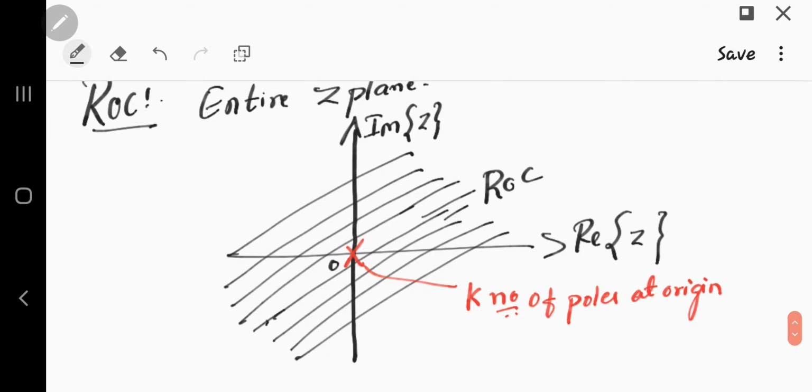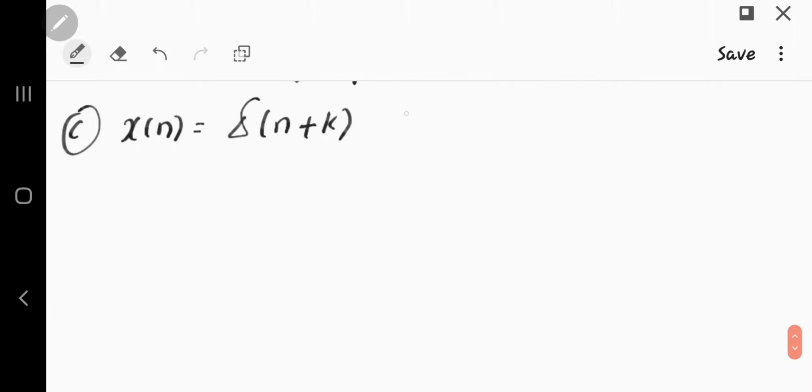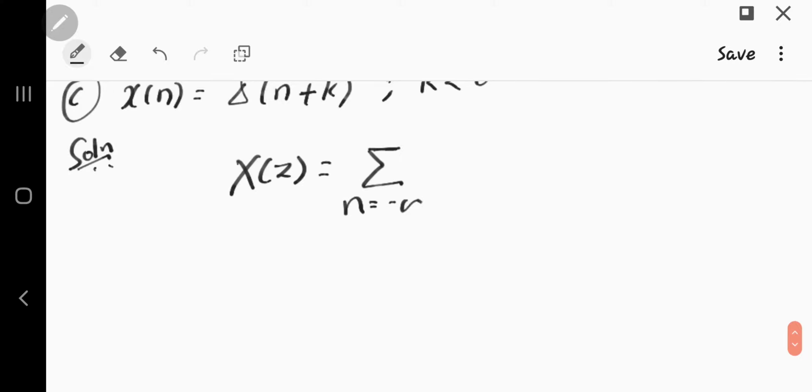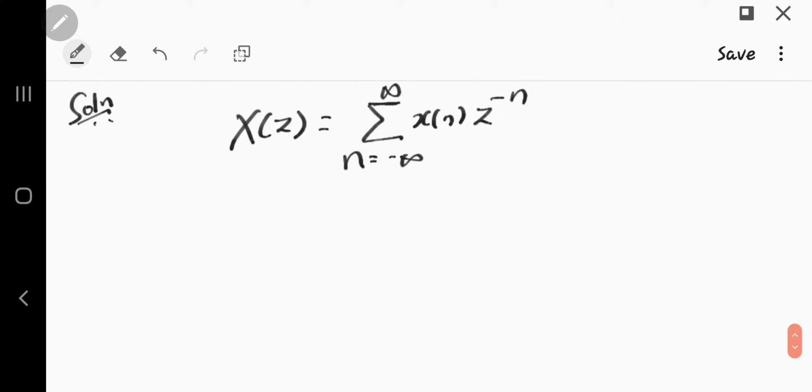So moving to the last one, C: given x of n is equal to delta n plus k, where k is less than 0. X of z is equal to, so this is the definition.